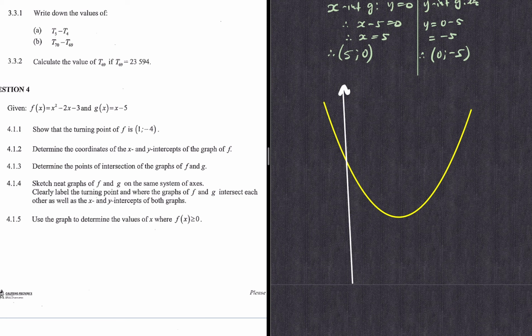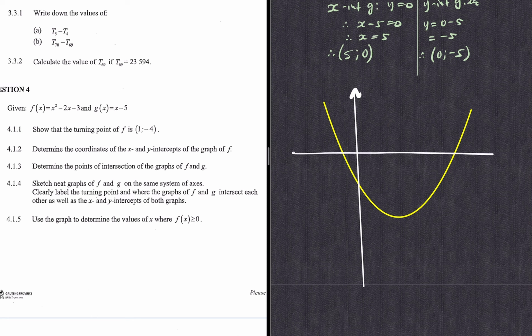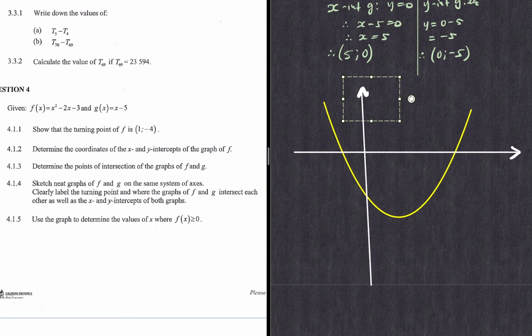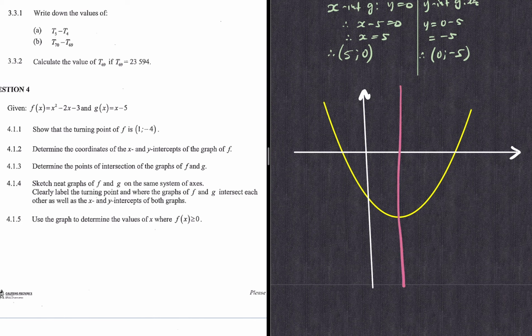In fact, allow me to have the axis. I'm going to play around that. Yeah, that's my axis. And then I just want to be very careful and have the axis of symmetry just right here.